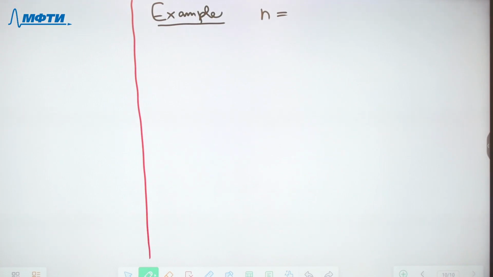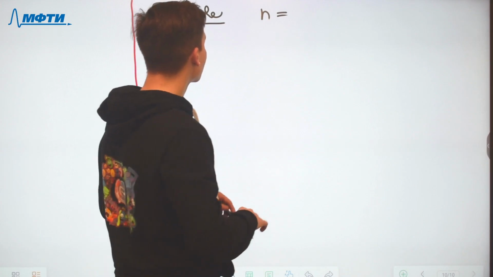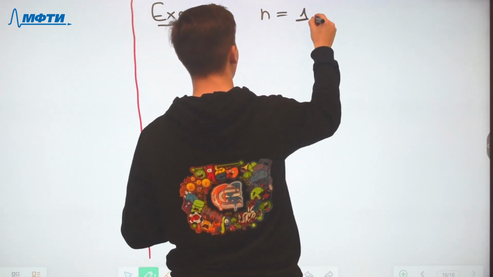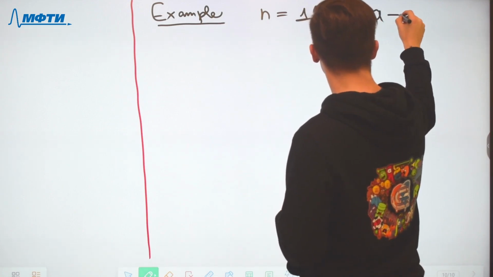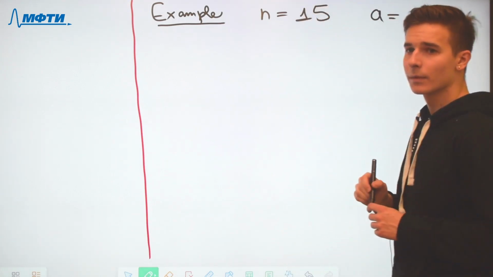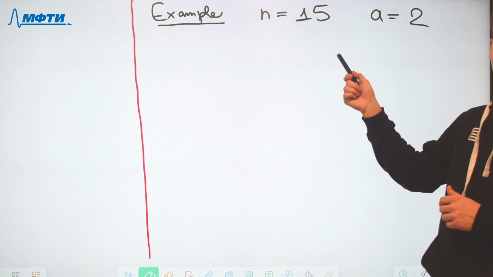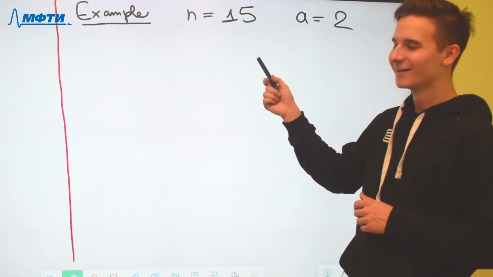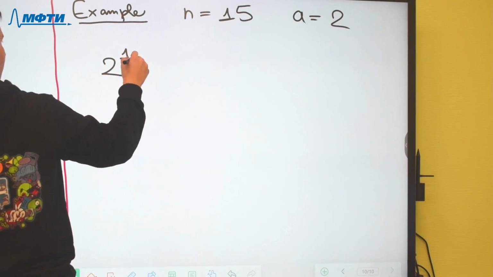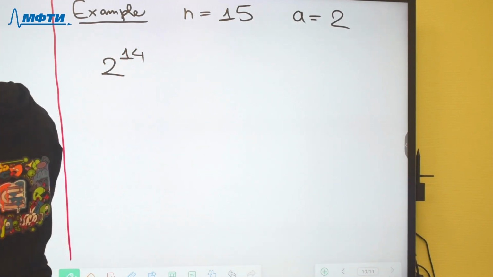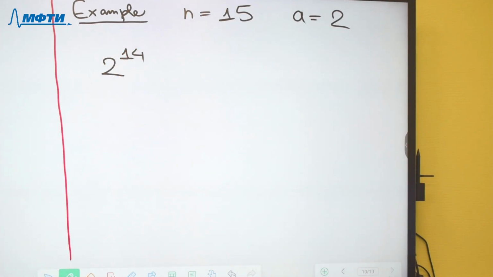So yeah, for example, 15 and a equal to 2. It is not a prime number. But if you try, is it equal to 1? It is not equal to 1.